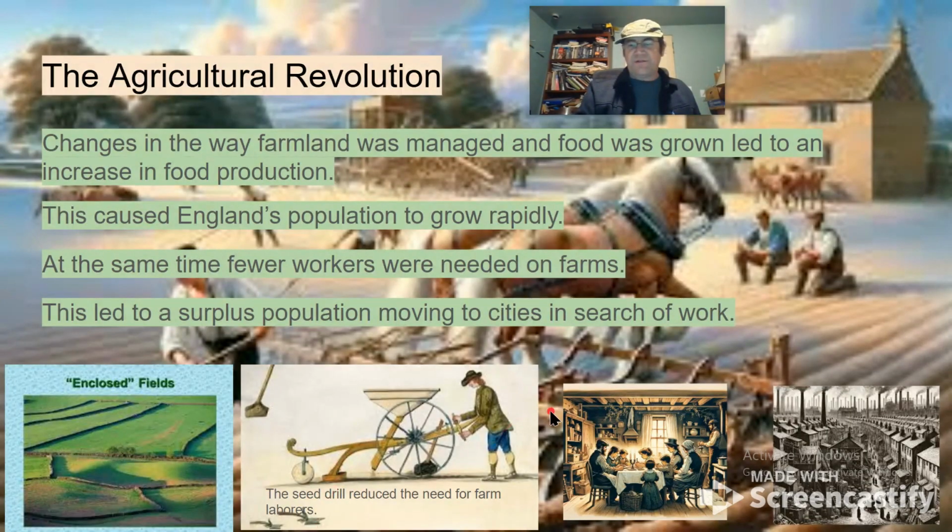Again, the lower price of food and the surplus of food meant that a lot more people were being born, but there wasn't work for them all to do in their traditional communities. So in order to find a way to survive, they had to move mostly to cities to look for work.